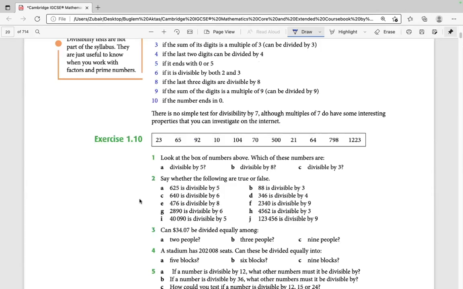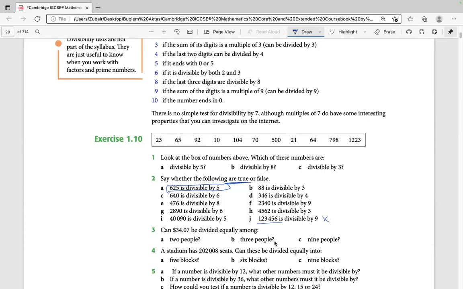If there is no remainder, yes, it is a multiple of 5. Let's see 1, 2, 3, 4, 5, 6. Is it divisible by 9? I'm getting a decimal number. So that's a no. It is not a multiple of 9.